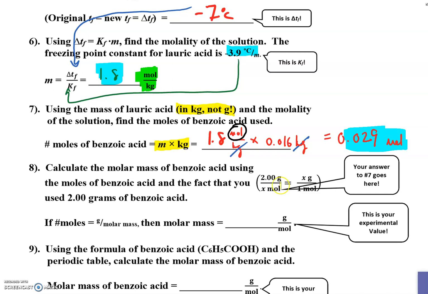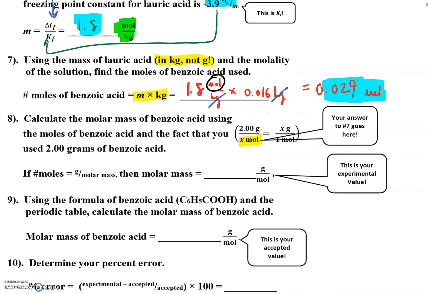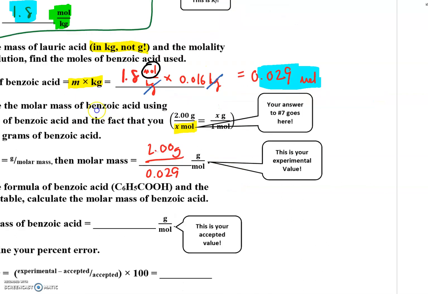That means it goes right here. So if number of moles we have equals grams over molar mass, then molar mass is in grams per mole. So that means we got 2 grams divided by 0.029 moles. How many grams per 1 mole is this? 2 divided by 0.029. Boom!